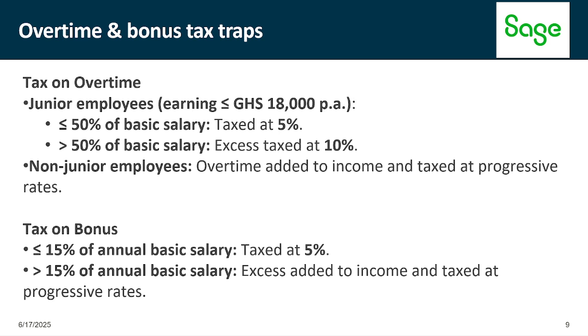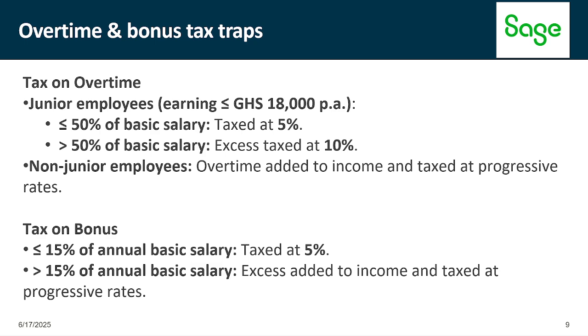So overtime is taxed at two rates. If it's more than 50% of your basic salary, the 50% is taxed at 5% and the excess is taxed at 10%. So that's basically how we tax overtime in Ghana. If you are not a junior employee, that means your basic salary is more than 1,500 a month.